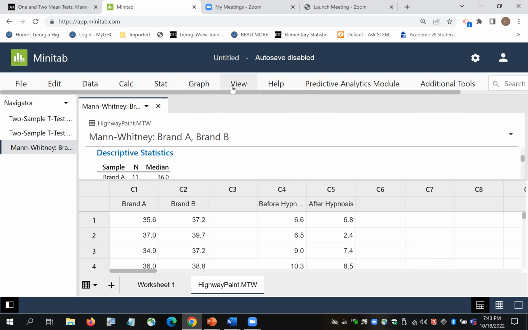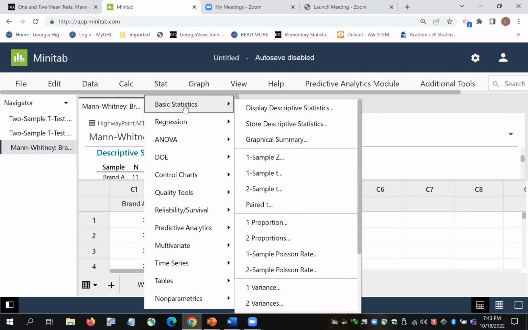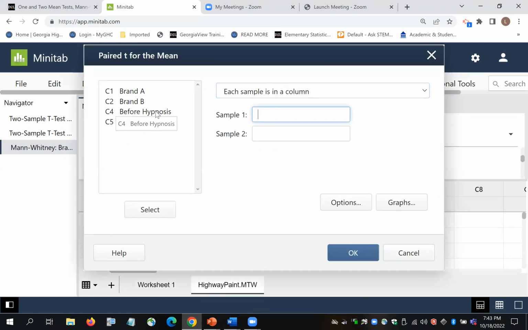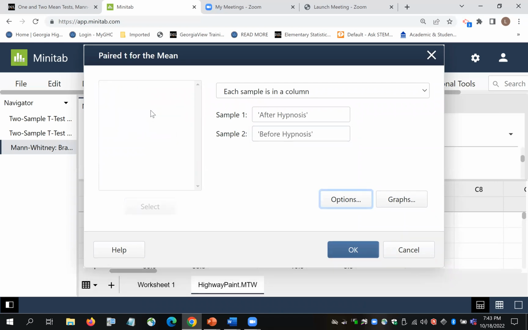We're doing a paired t-test. It's Stat, Basic Statistics, Paired t. Sample 1, in this case, remember, sample 1 is our after. Sample 2 is the before because of the way the question was worded.